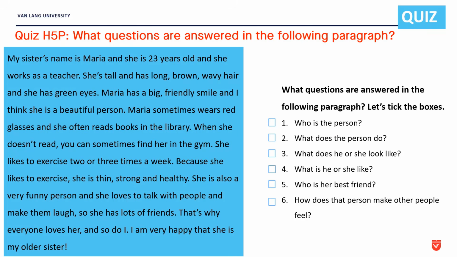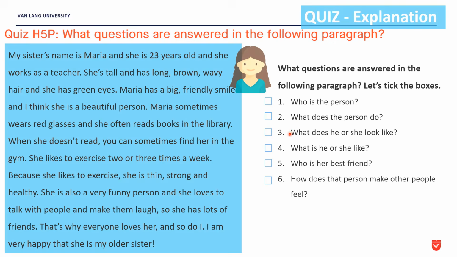This is a paragraph about a girl called Maria. Let's read the paragraph and practice the quiz. Good job! Let's review the questions and see why we have those answers.